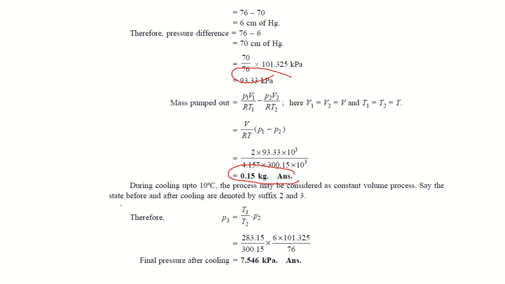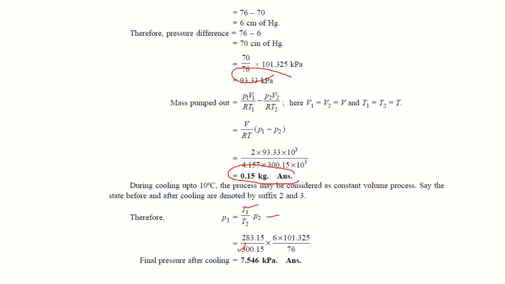Now I am further cooling it. During cooling up to 10 degrees, the process may be considered a constant volume process. The states before and after cooling are denoted by suffix 2 and 3. P3 is equal to T3 by T2 times P2. T3 is known to us, T2 is known.